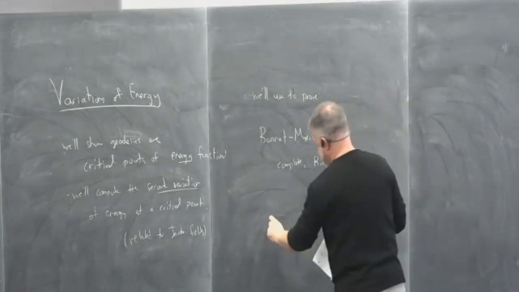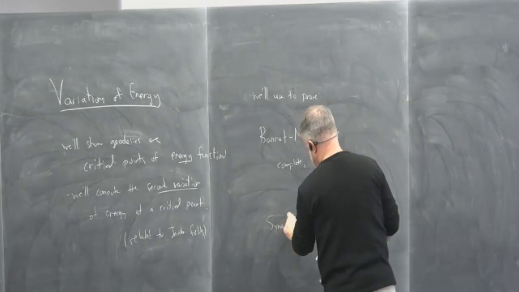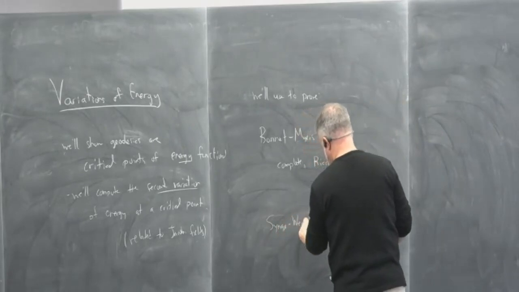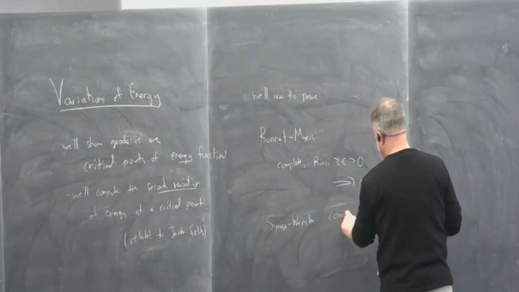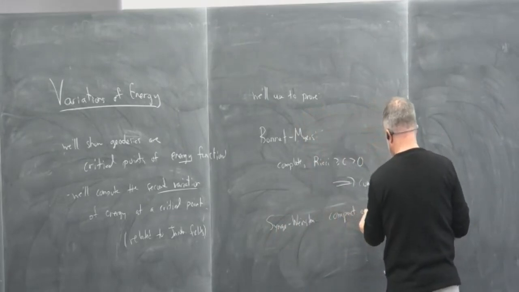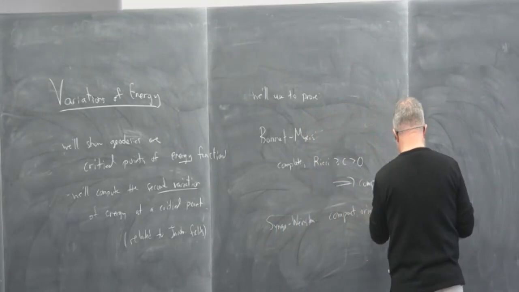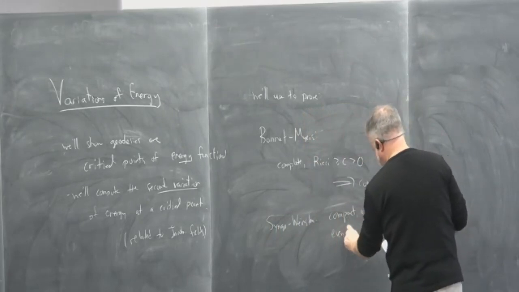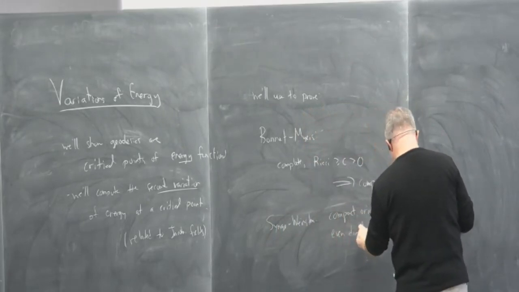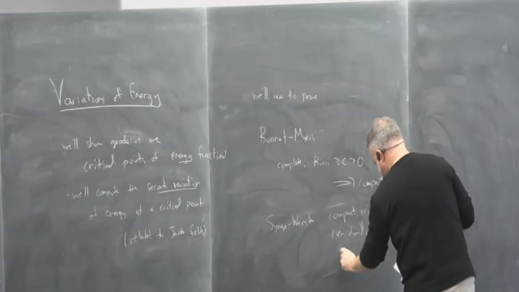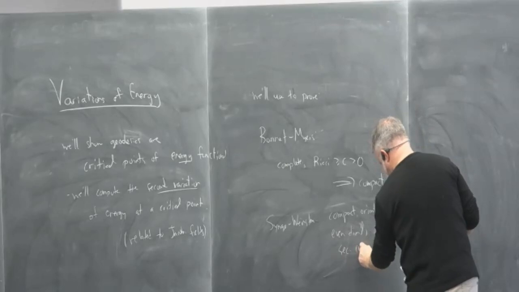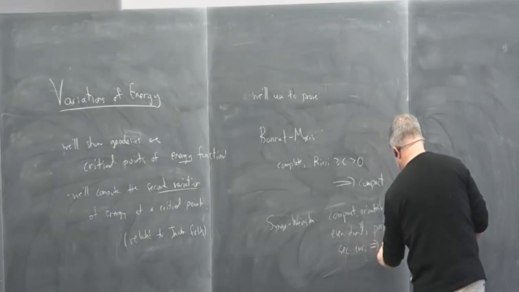And the Synge-Weinstein theorem says if it's compact, orientable, even dimensional, and positive curvature, positive sectional curvature, this implies it's simply connected.